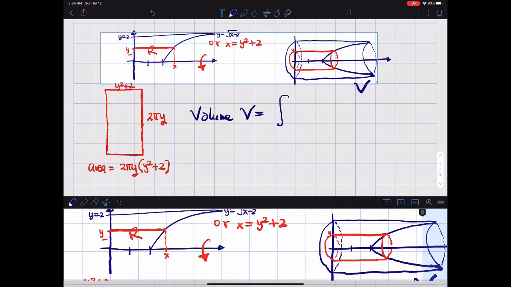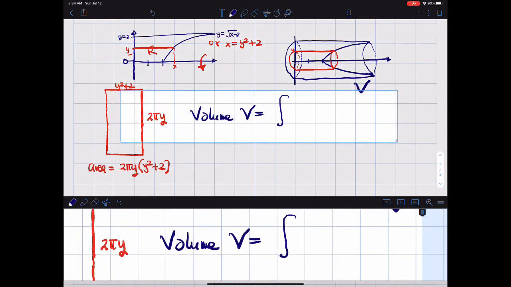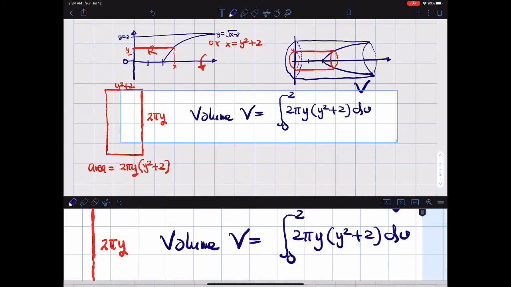So we're running from y equals 0 to y equals 2. So we go from 0 to 2 of the area, which is 2 pi y times y squared plus 2, dy.